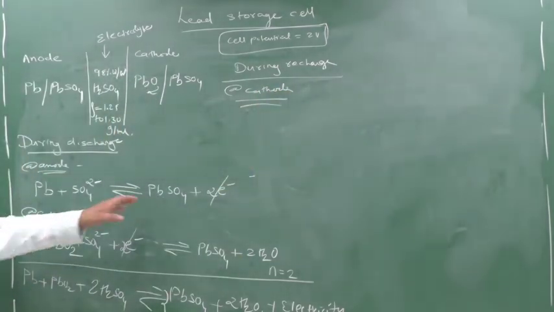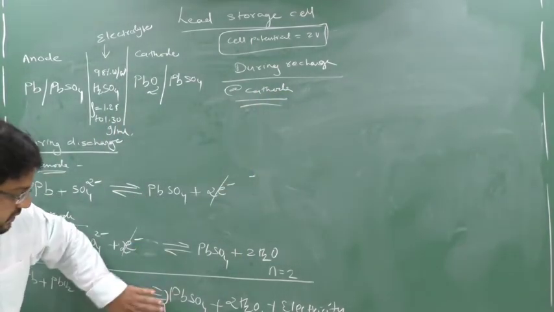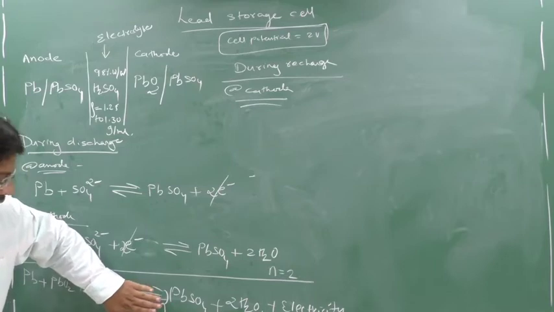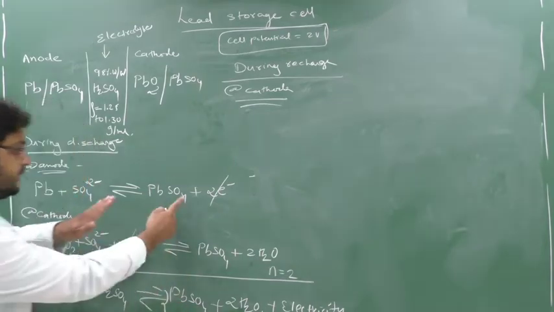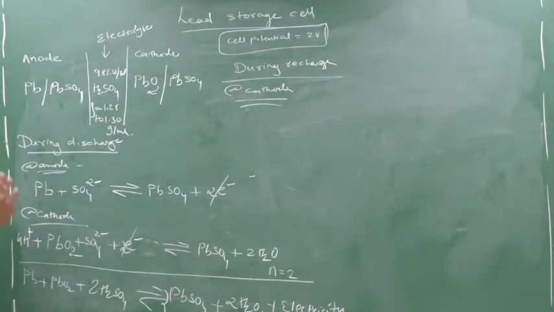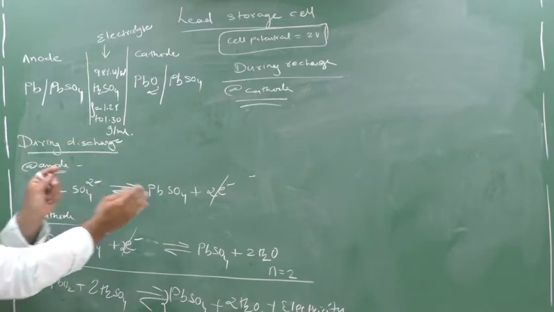Yes or no? Now what will I have? I will have PbSO4, no? Because after the cell has been used, what is remaining in the cell? This portion only. So to write the recharge reaction, the portion which is acting as an anode will act as a cathode, but in the reverse direction.